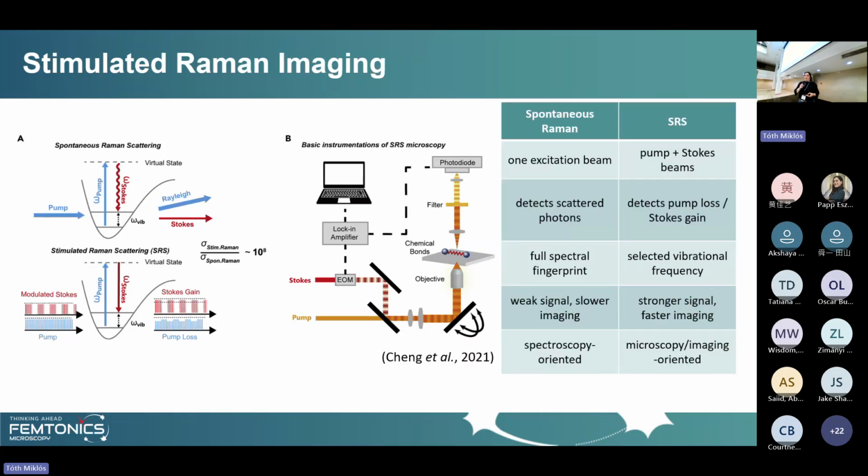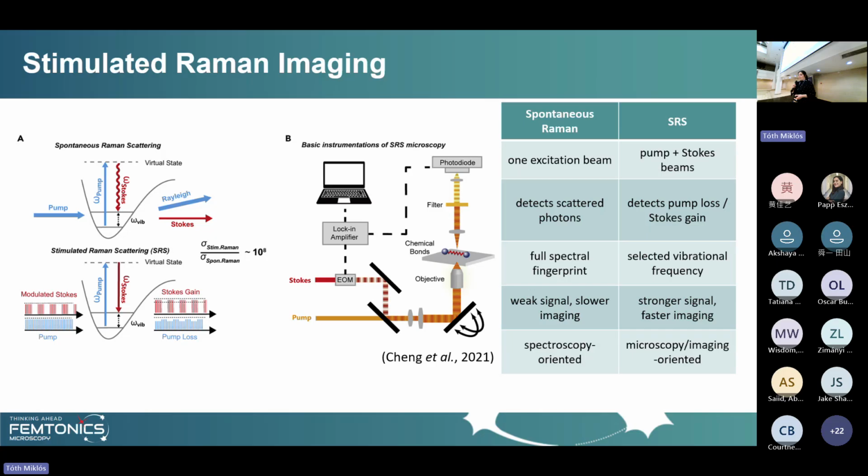Classical Raman spectroscopy is very informative, but gives only a weak signal, and the imaging is very slow. Stimulated Raman scattering is the stimulated version of classical Raman scattering. Here we use two synchronized laser beams, called the pump and the Stokes beams.